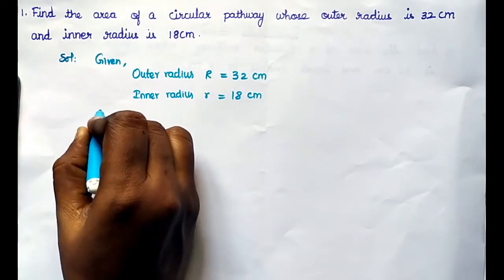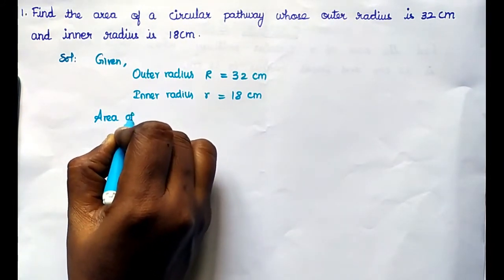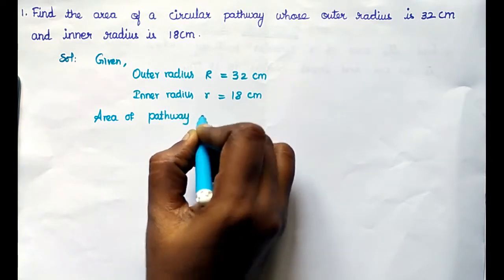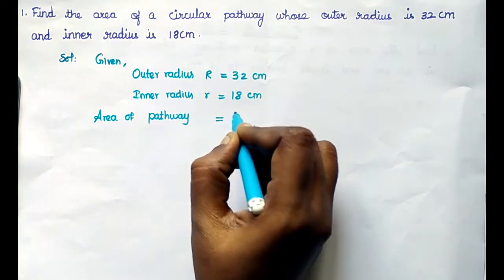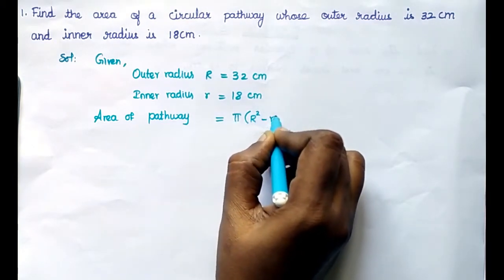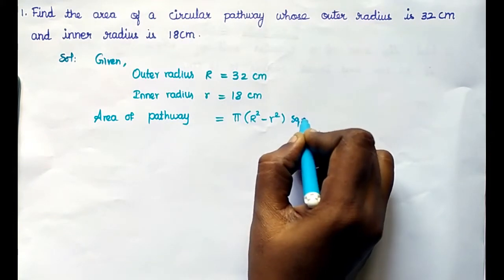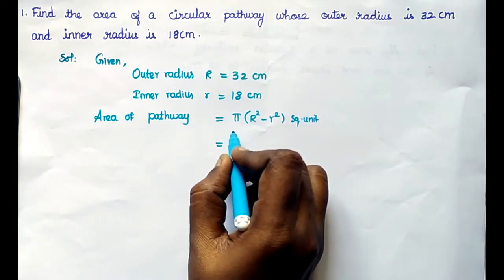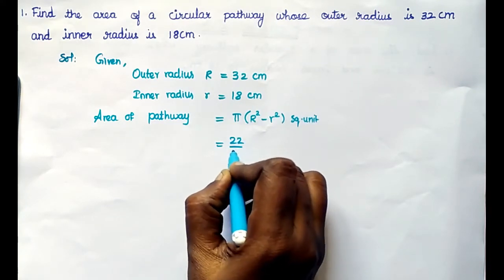Now area of pathway equals pi into capital R square minus small r square, square unit. Now what is the value of pi? 22/7.